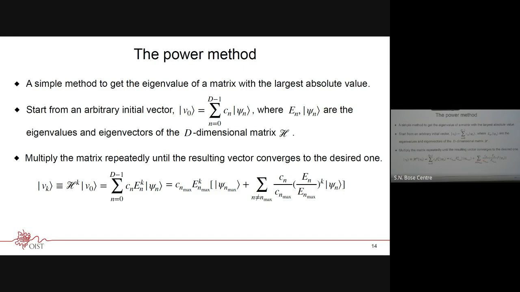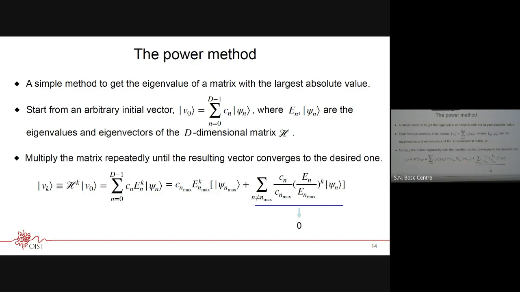And in this way, we can write this equation. You can see here E n over E max. As I said, E max is the largest absolute value. So for larger k, this term goes to 0, and you can get the lowest energy state.